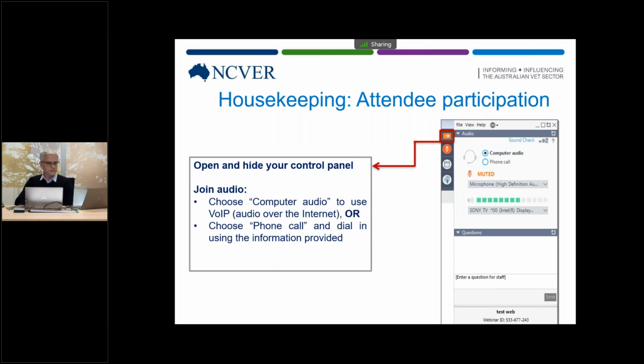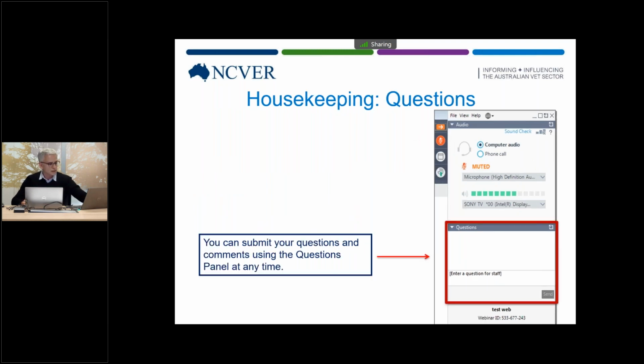To join the audio portion of today's webinar using VoIP, choose computer audio, otherwise select phone call. You can use the questions panel to the right of your screen and submit written questions and comments online at any time. For privacy reasons, only we can see your questions, and we'll acknowledge all the questions and comments submitted via the questions panel, either during the webinar today or afterwards via email.